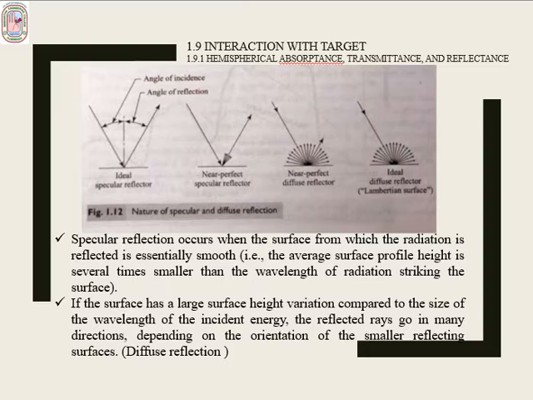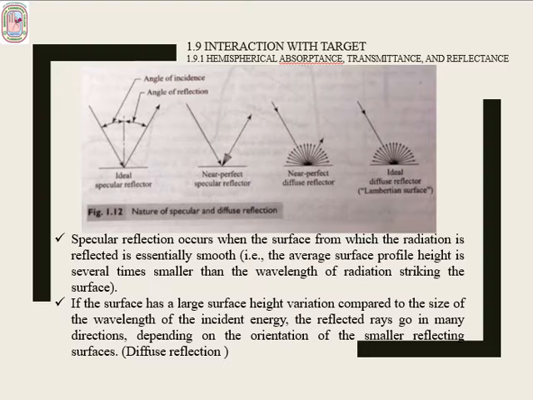The first one is the ideal specular reflector, a smooth reflector, that means an ideal surface. That means the angle of incidence is equal to the angle of reflection. But in general, ideal surfaces do not exist, so a near perfect specular reflector is shown in the second diagram, but it shows a small deviation along with smaller reflections.